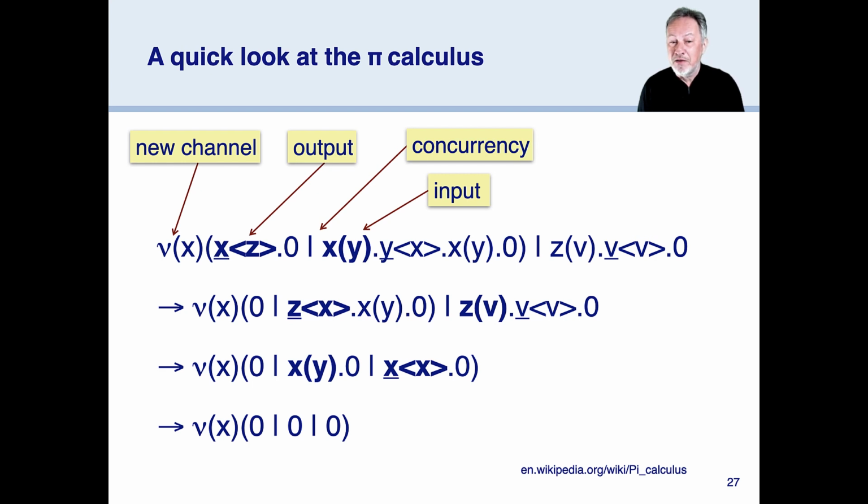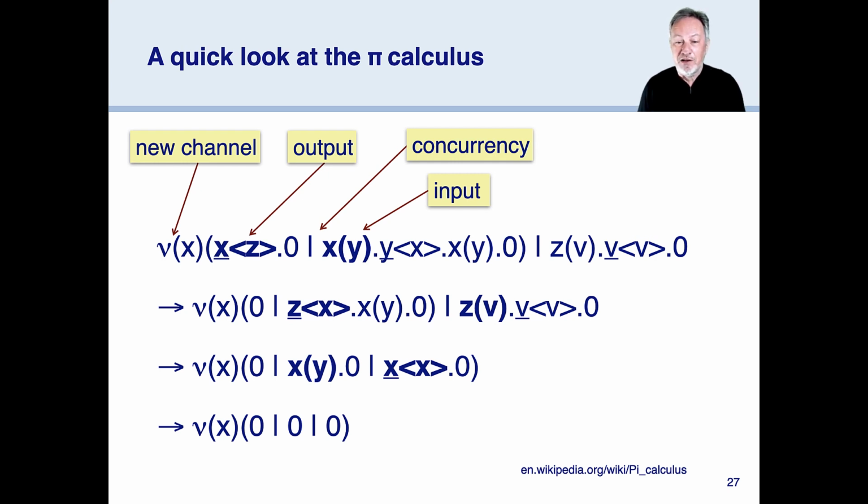y is now being used as a channel, so we've taken a generic lambda, and now we've passed in this value z, and now we want to output across the channel z. We want to output x. The problem is we can't output x because the scope of x is within this new expression, the new of x.